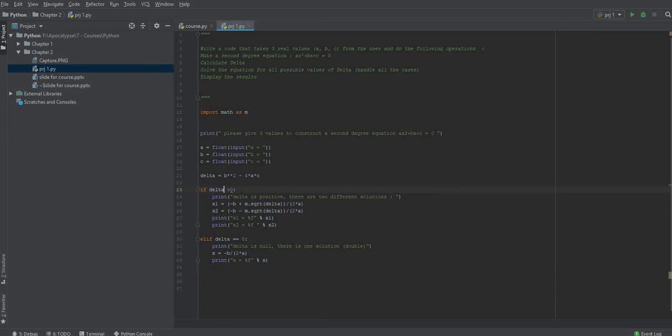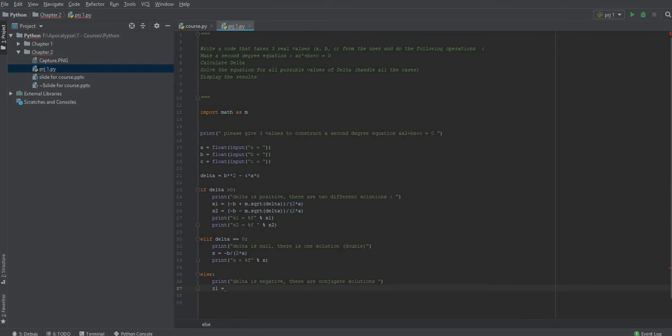If delta is not positive and not null, automatically it is negative, so else should be enough. Print: delta is negative, there are conjugate solutions. We are now talking about complex solutions.